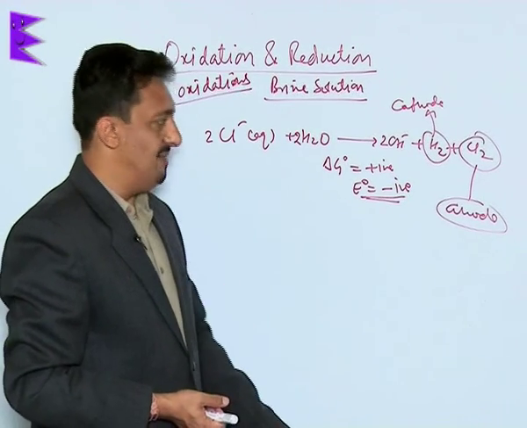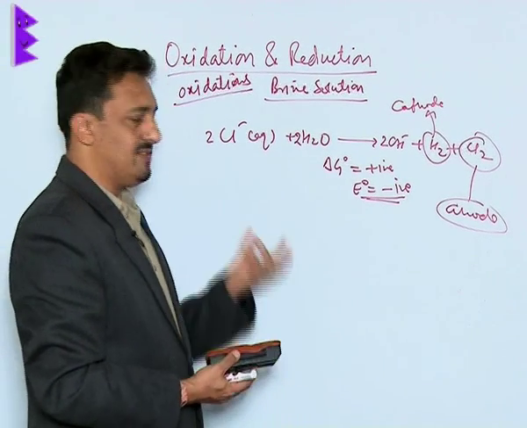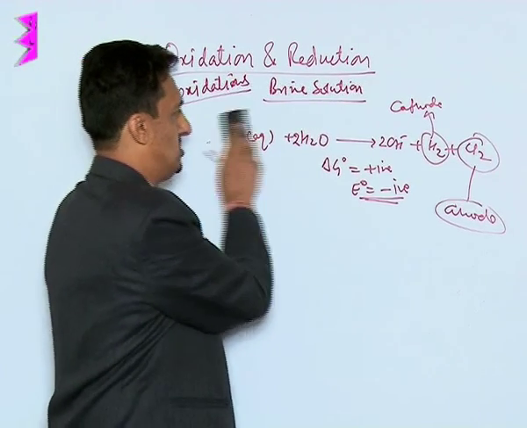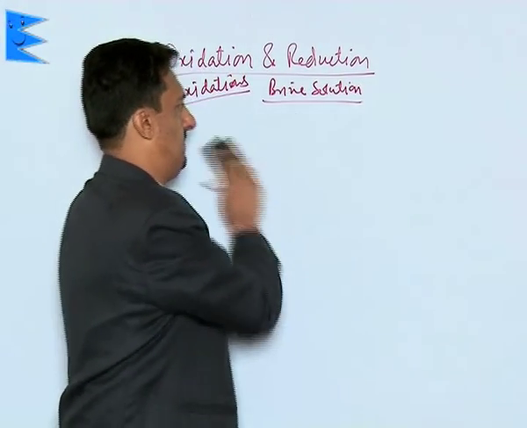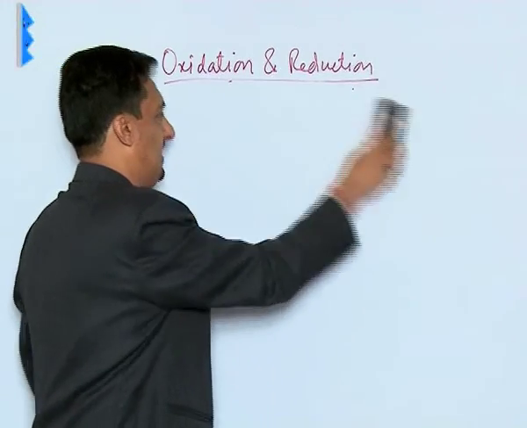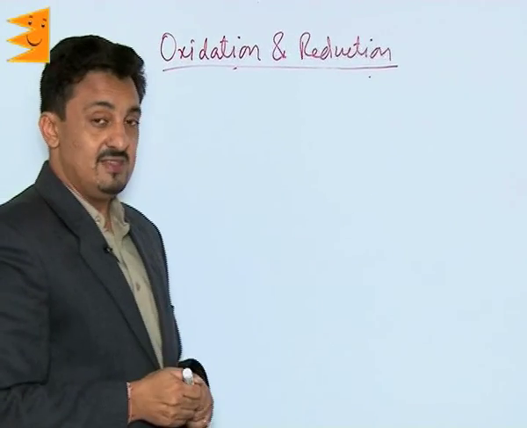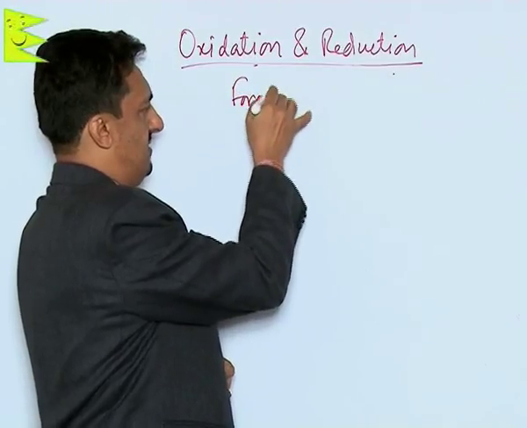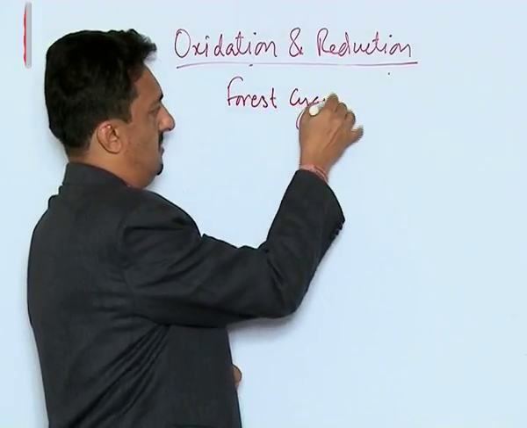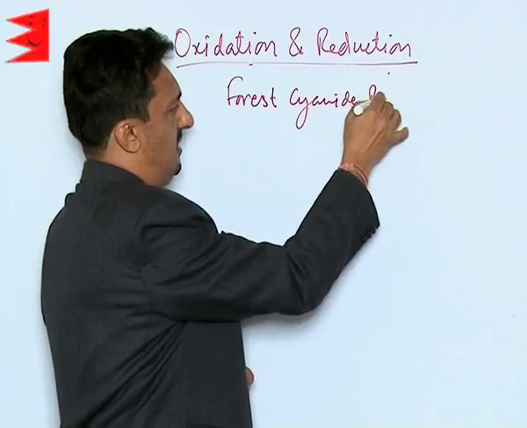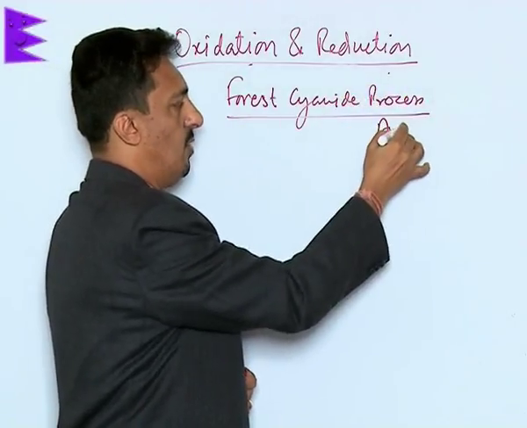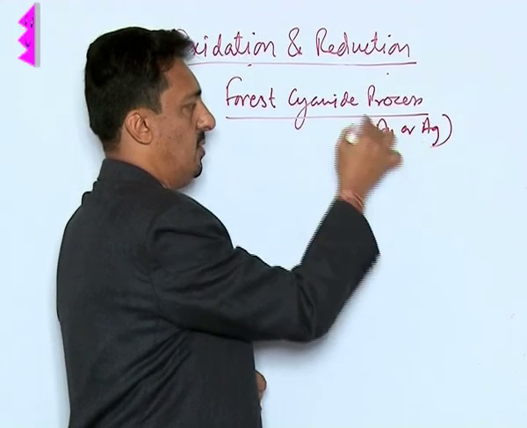Now let us take an example of reduction. The most common example to explain the reduction is the cyanide process, which we have already done in leaching. This process is used mainly for gold or silver ores.